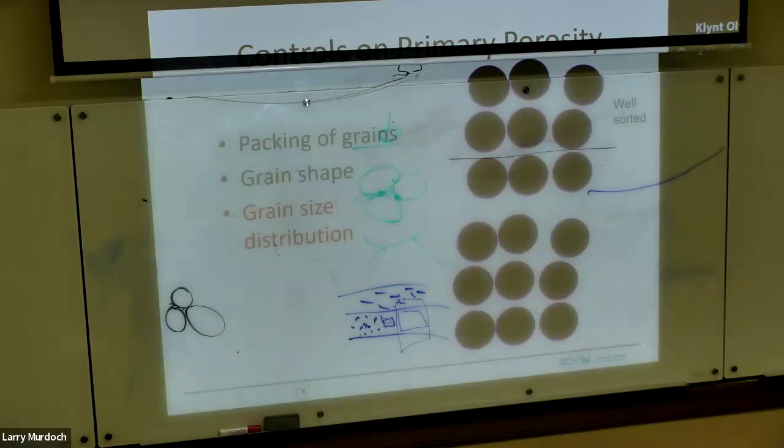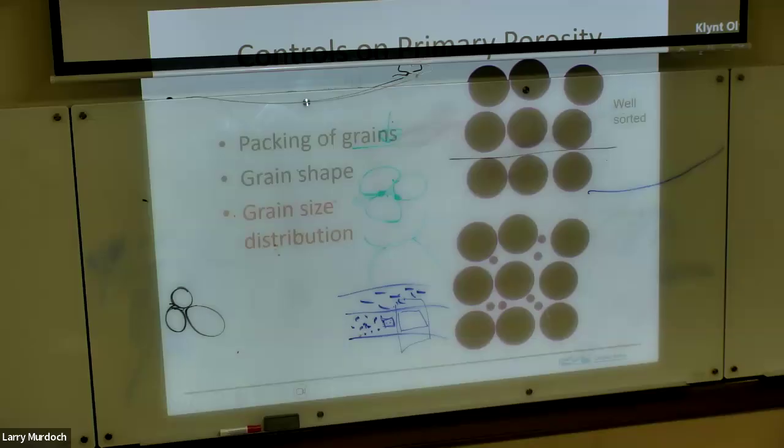So grain size distribution. If we have a sand that has a single grain size, then it's what we would call very well sorted. And we have a porosity, well, 0.26 to 0.48, right, depending upon what the packing is.